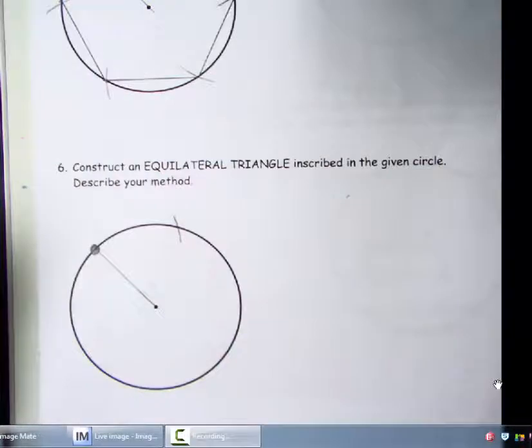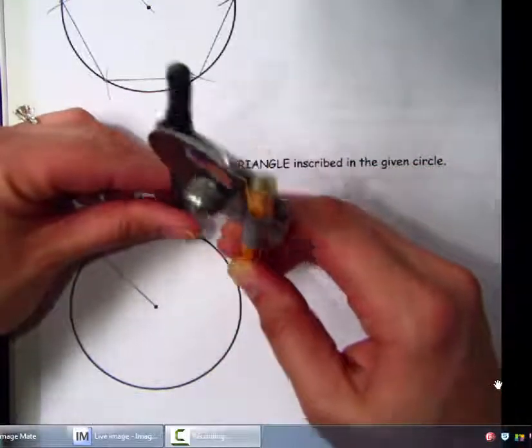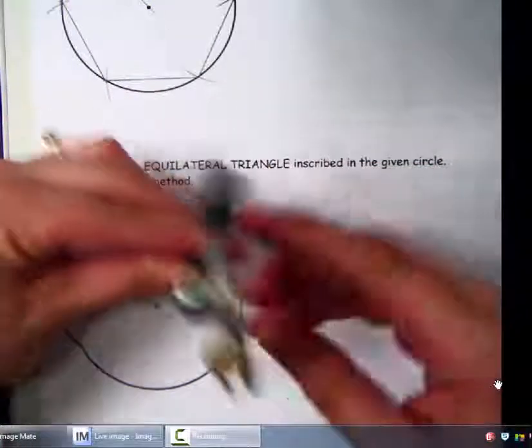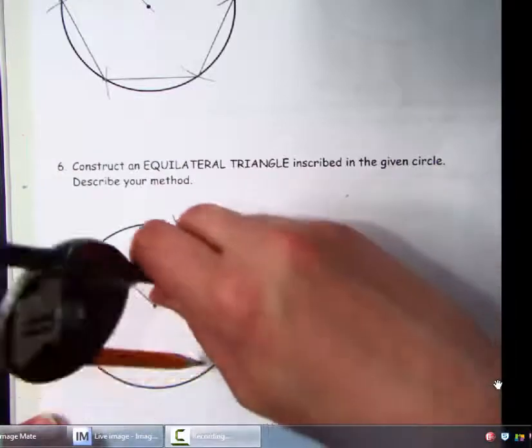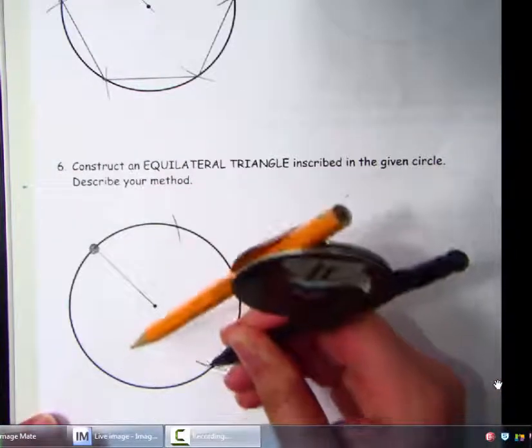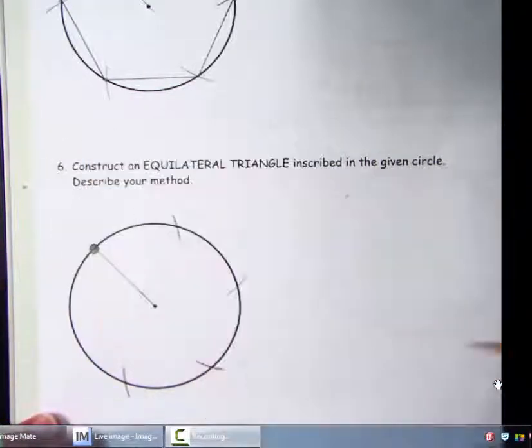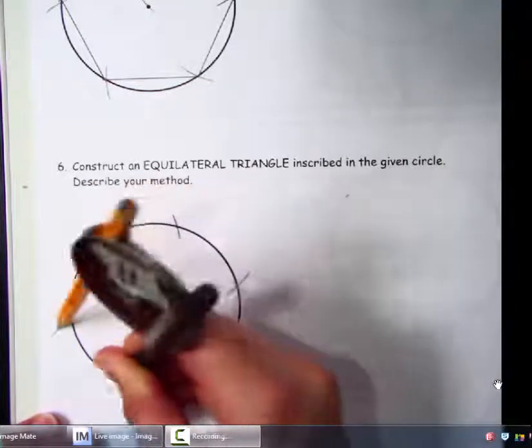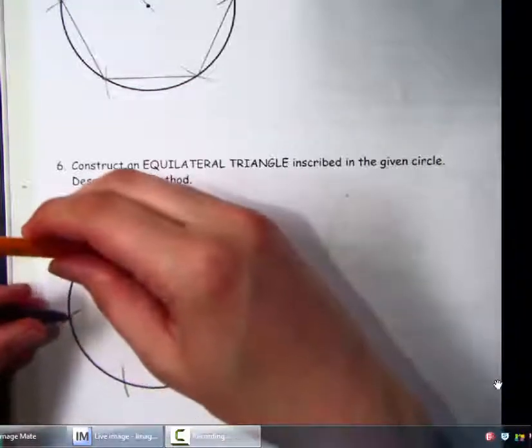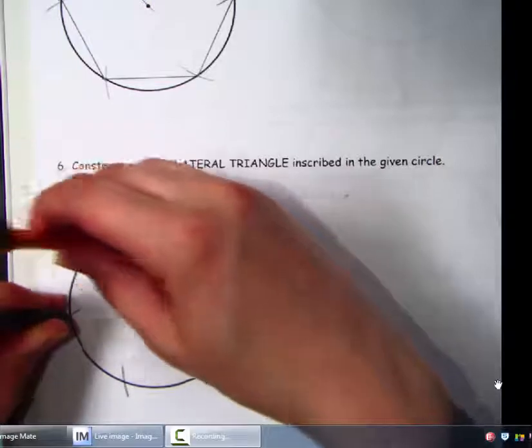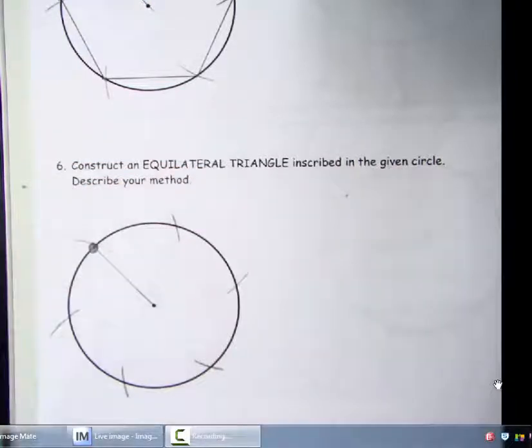Once. 2, 3, 4, 5, 6, and you should end up back where you started.